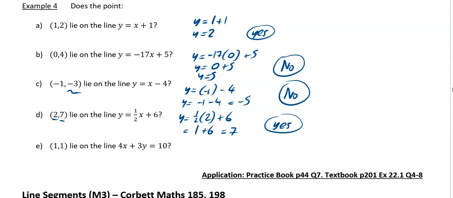So we'll just say here, we sub in both. So your x, which is 1, goes in, so it's 4 times 1. Your y, which is 1, goes in. So you have 4 times 1 plus 3 times 1, which is just 4 plus 3, which is equal to 7. But we were hoping our result would be 10. So this one clearly does not lie on your line.